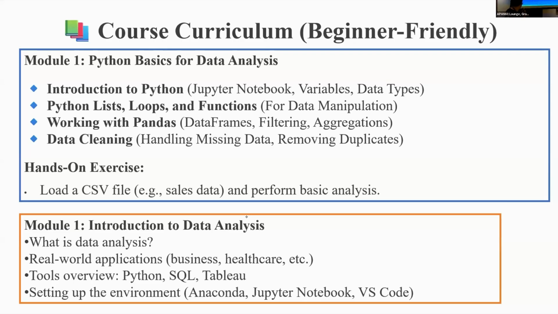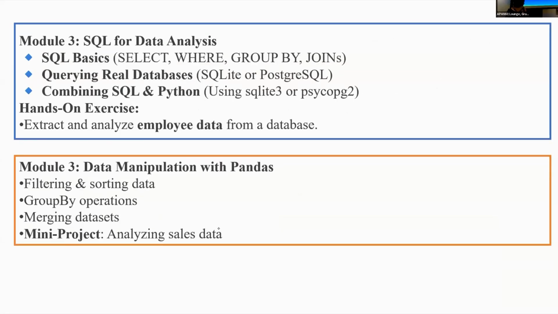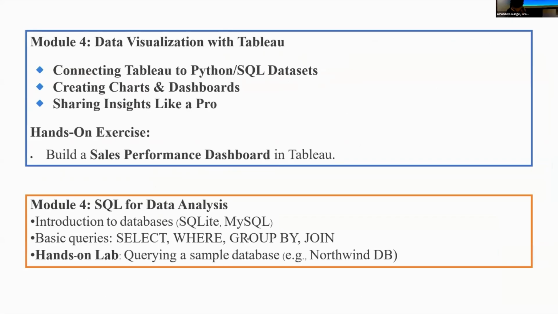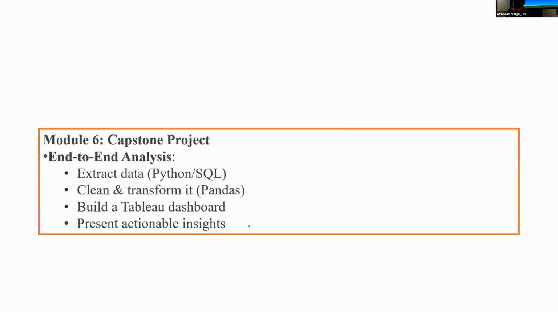Actually, I have checked. Maybe they give me a different arrangement of modules, but the content is the same. This is module 2, 3, 4, and 5. And today it also gives me module 6, but yesterday only 5.